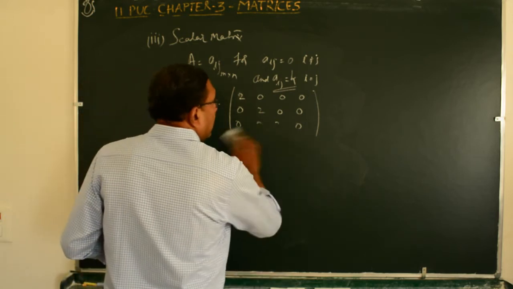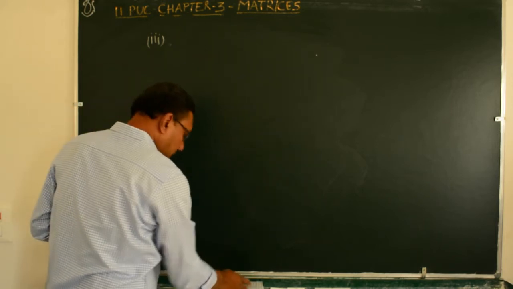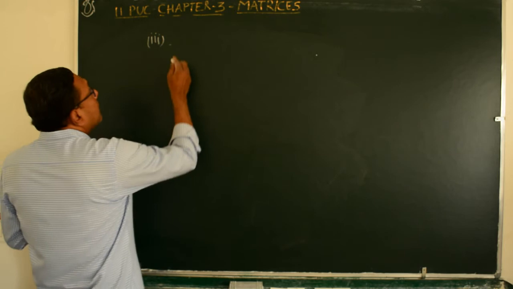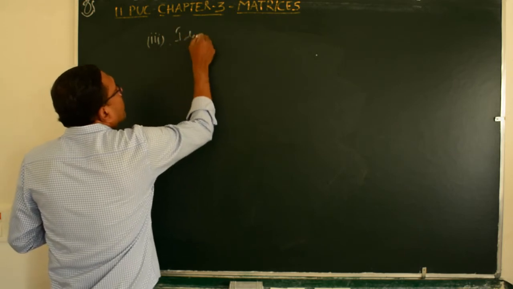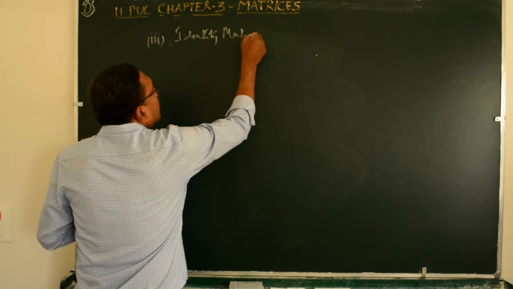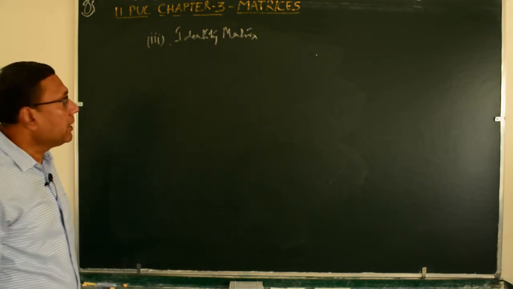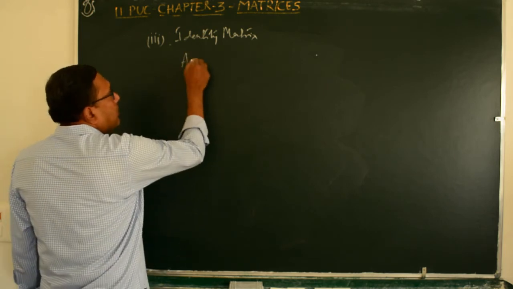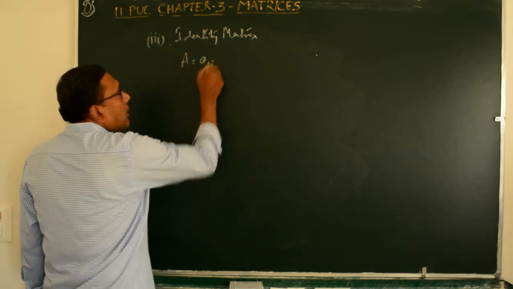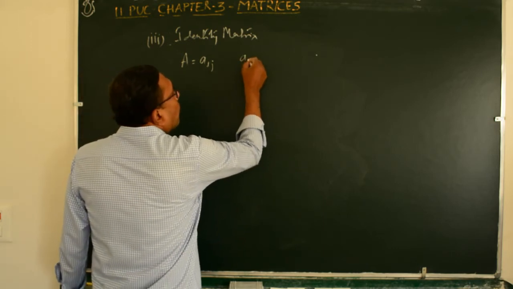Let us discuss the identity matrix. An identity matrix is also a diagonal matrix, except all the entries in the diagonal are equal to 1.